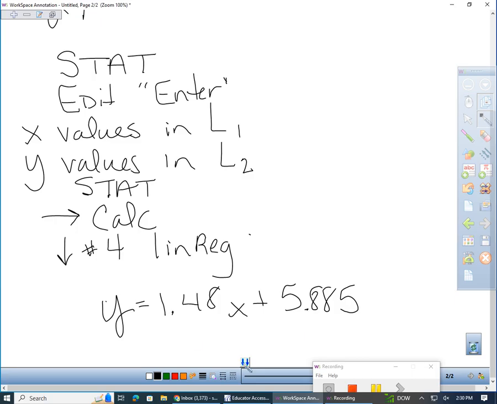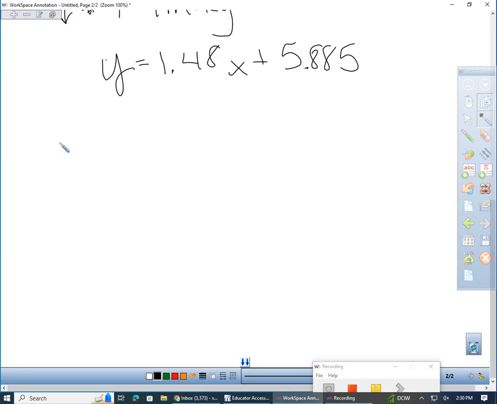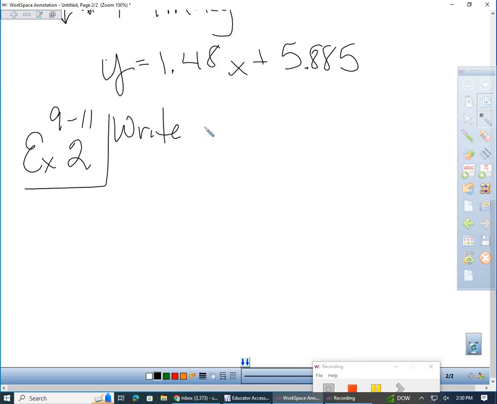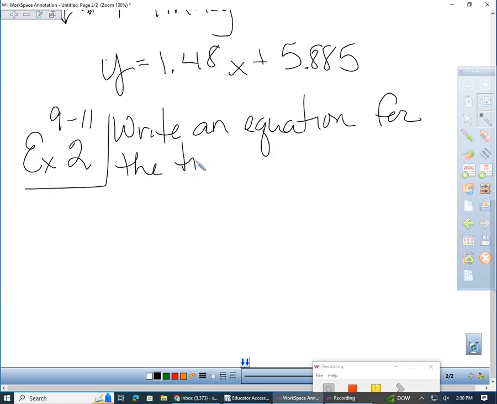Okay. All right, here we go with example number 2. This is questions 9 through 11 that we're going to do next. Write an equation for the trend line. All right.